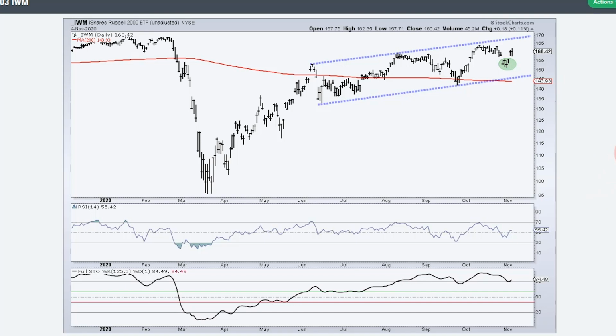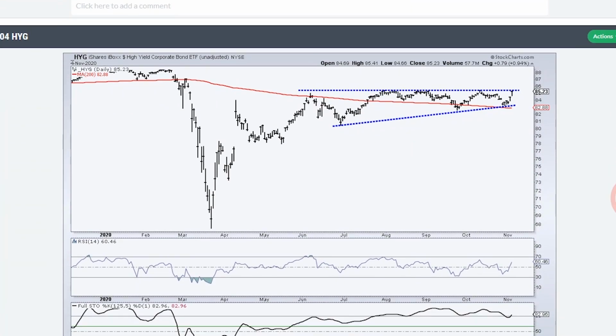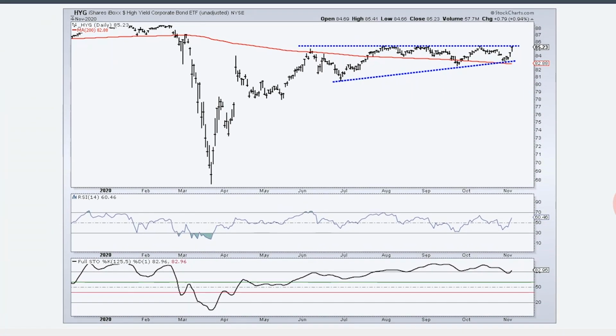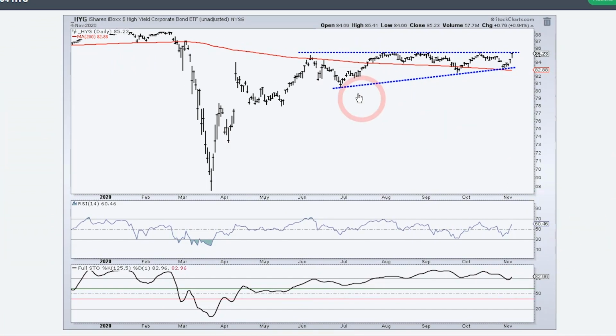Now, I mentioned that the junk bond ETF had that bullish ascending triangle working, and here it is. So, yeah, I'm taking a little bit of liberty with the lines here, but we can see some resistance, overhead supply coming in 3 places in that 85 area.